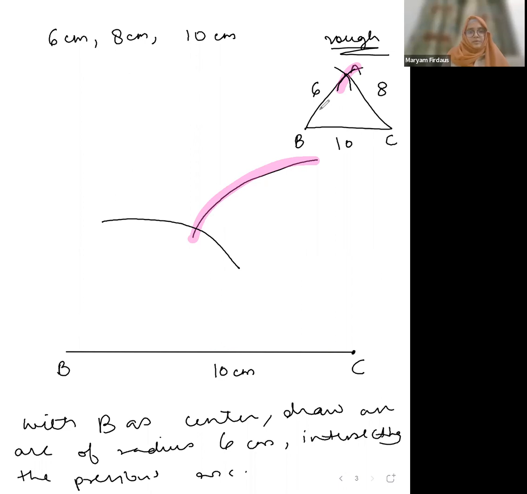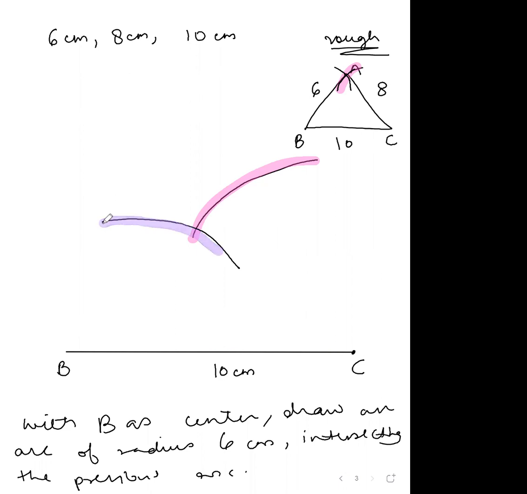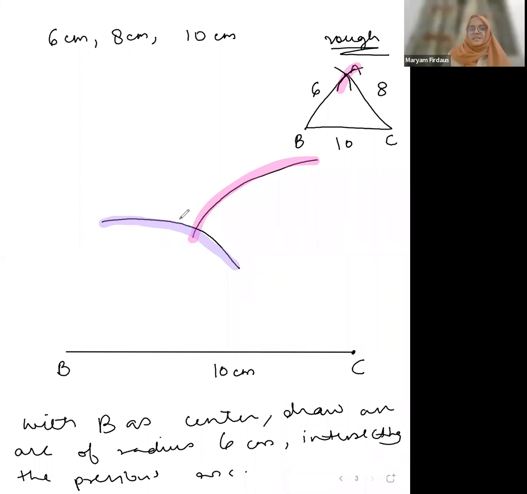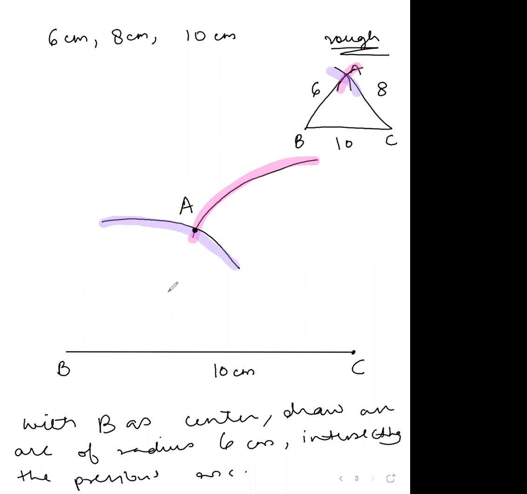It's going to be somewhere over here. And then we will draw a point in the center of the intersecting arcs. What you are saying is correct, but I'm just rephrasing it. The point where these two arcs intersect, we will mark that point as A.